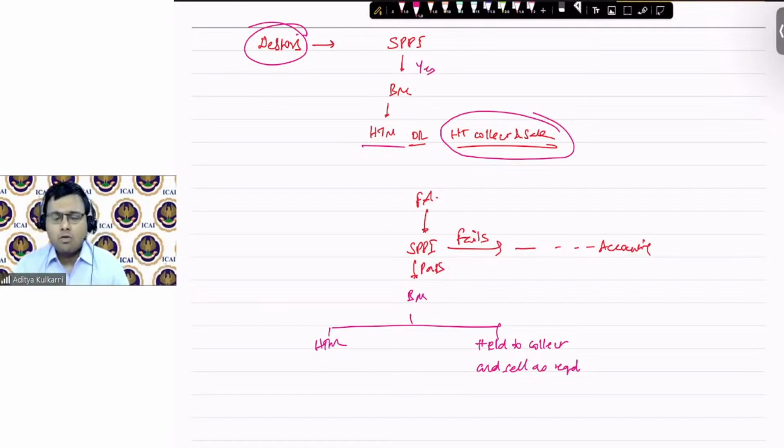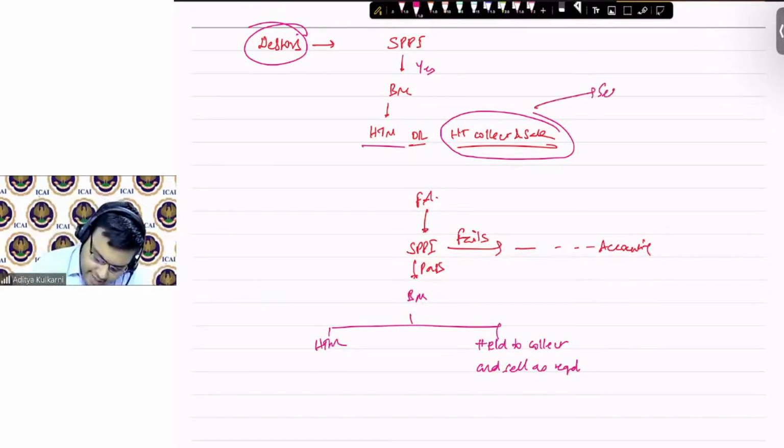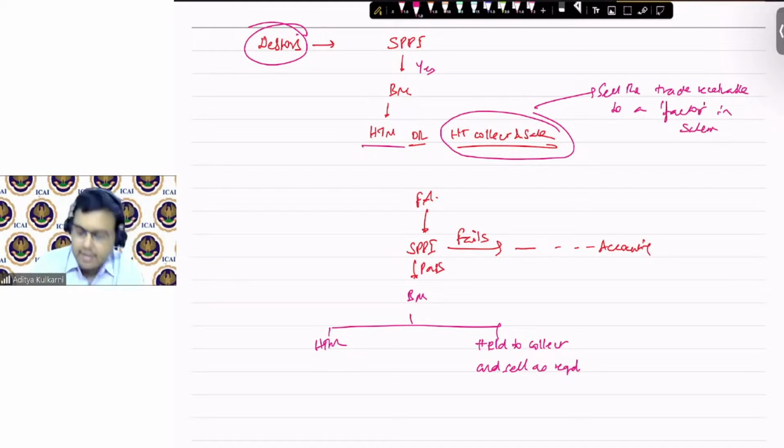Now, it is very difficult for you, the Delhi plant, to manage the trade receivables in Salem in Tamil Nadu. So what you do is you will sell the trade receivables to a factor in Salem.